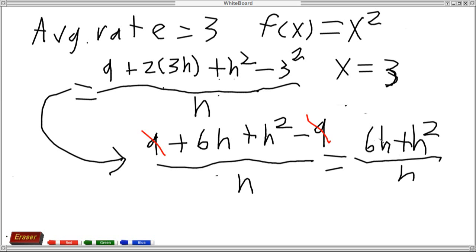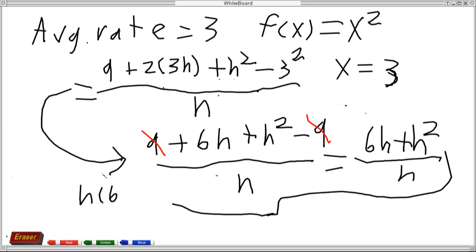Another way you can write this is h times 6 plus h over h, and we cancel the h's out.